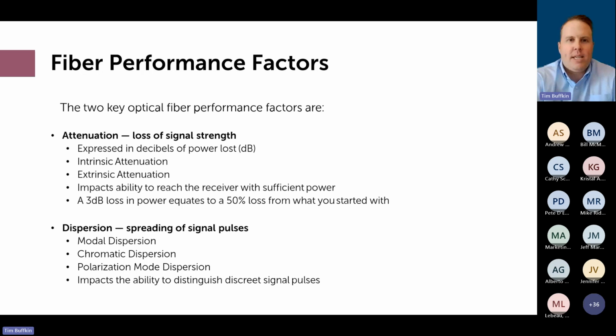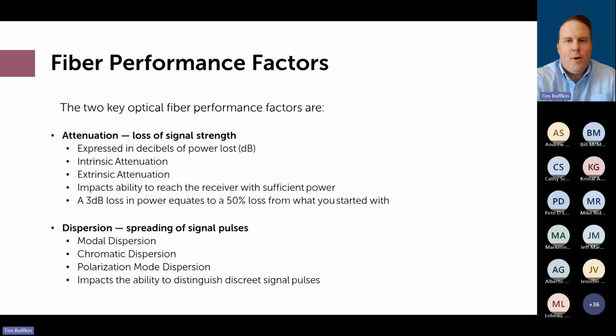We express that in decibels of power lost, or usually people just refer to it as dB, decibel. We have two different types of attenuation we'll look at: intrinsic attenuation and extrinsic attenuation. This is going to impact the ability to get the signal to reach the receiver with a sufficient amount of power.